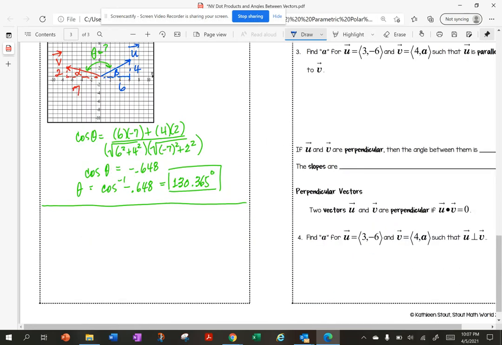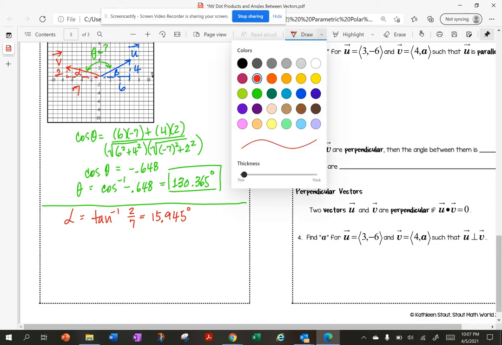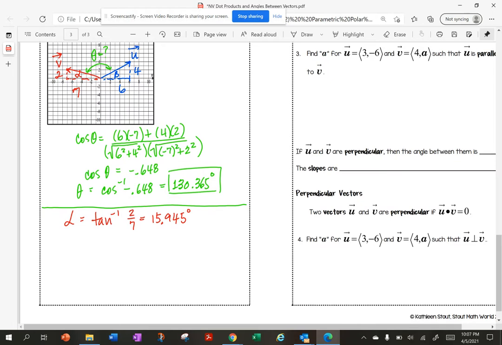So I can find the angle by doing the tangent inverse. So alpha is the tangent inverse of y divided by x. So that's 2 divided by 7. So I get about 15.945 degrees. And solving for beta is the tangent inverse of y divided by x.